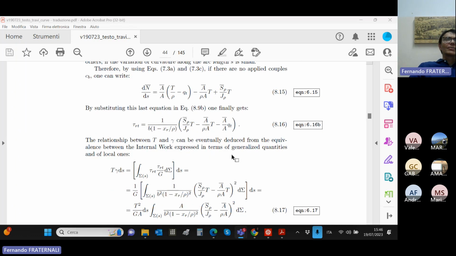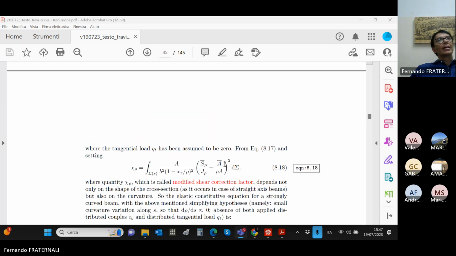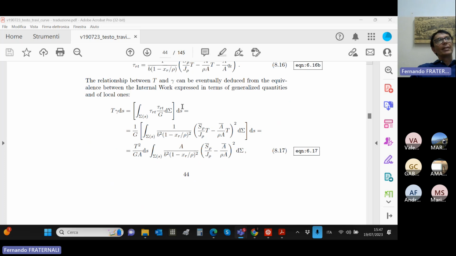So if we have T over gamma ds, which is the elementary strain energy of an infinitesimal portion of a beam, computed on the basis of the beam theory, we equate this quantity to the quantity that is obtained through the use of the exact tau distribution, which is on the right-hand side of this equation.